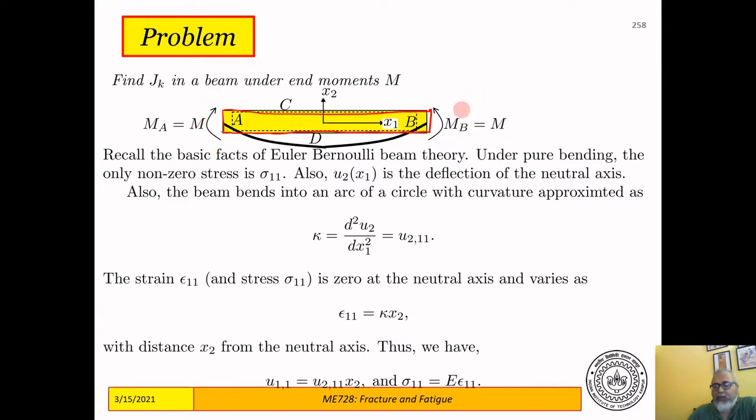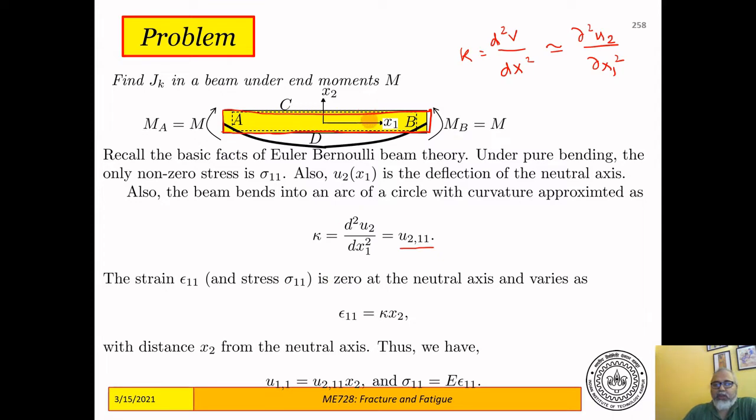It will bend into an arc of a circle, and the curvature is given by kappa, which is del square u2 by del x1 square. So this is the curvature of the beam, which we call kappa, and we can write it as u2 comma 11.